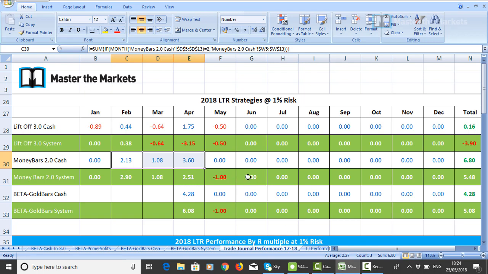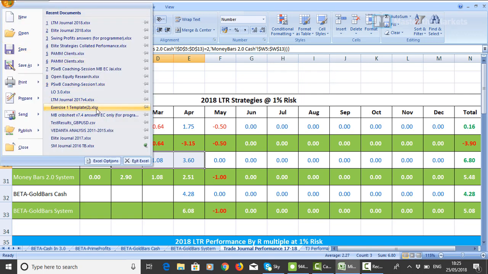And then let's go over to the Vedanta Elite room. Remember, we have not only the live membership advanced trading room, but we also have the Vedanta Elite set of trading strategies, which we are looking at to see how they are performing. Let's open up the journal.